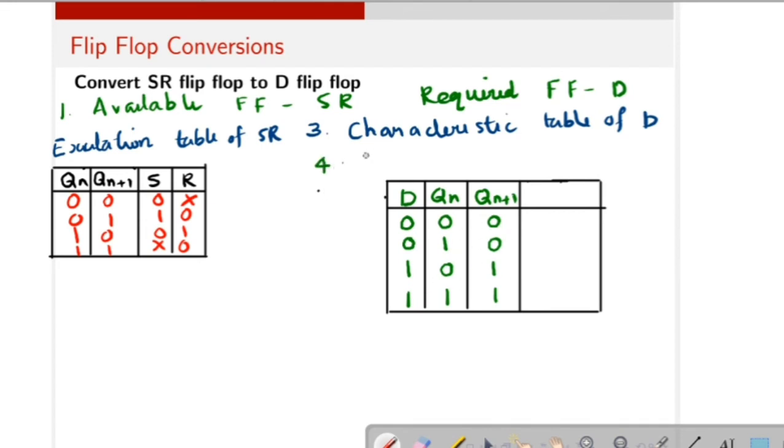Next we can convert this characteristic table to a conversion table. Okay, so in conversion table we add the input of the available flip-flop. So here the available flip-flop is SR. So here we can add two more columns for SR, right?